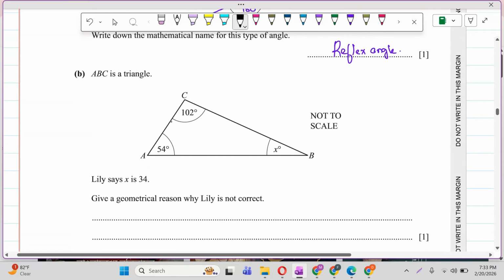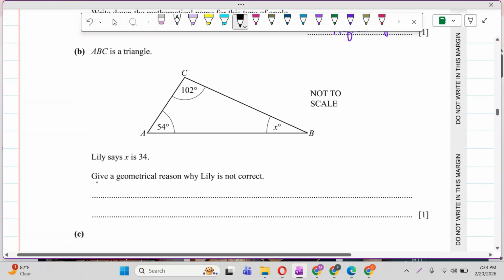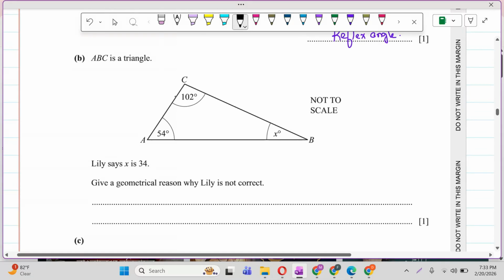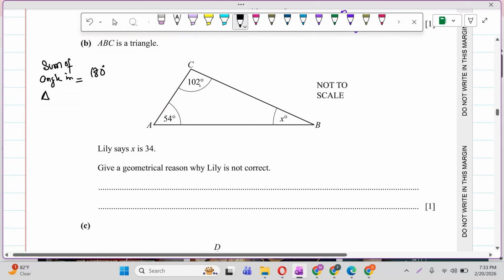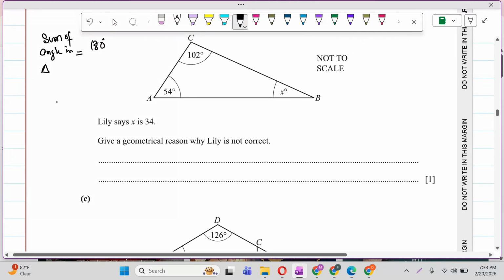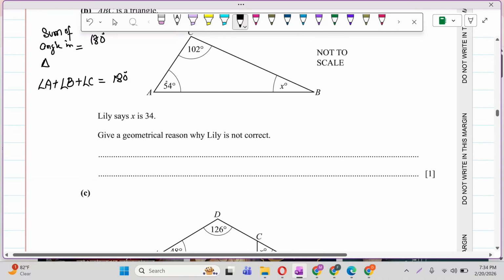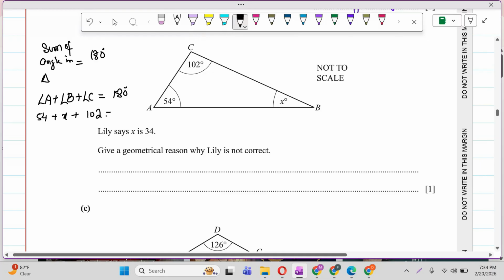Part B, ABC is the triangle. Lily says x is 34. Give the geometric reason why Lily is not correct. We know that the sum of angles in a triangle is equal to 180. So first we calculate the value of x using this concept, that angle A plus angle B plus angle C is equal to 180, where angle A is 54 plus angle B is x plus angle C is 102, and this is equal to 180.